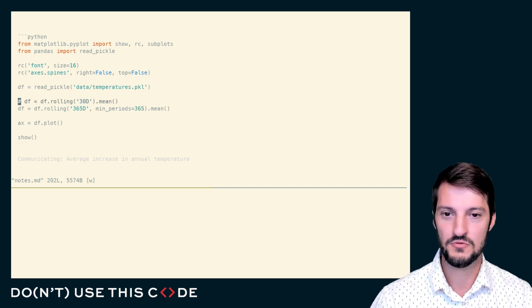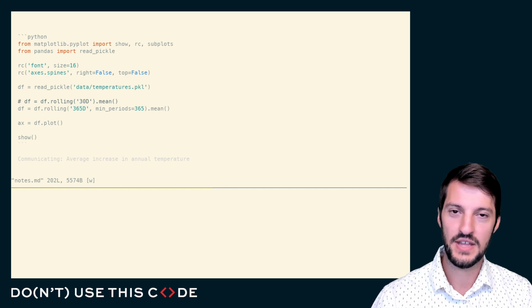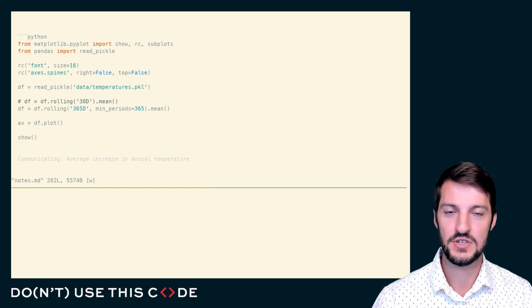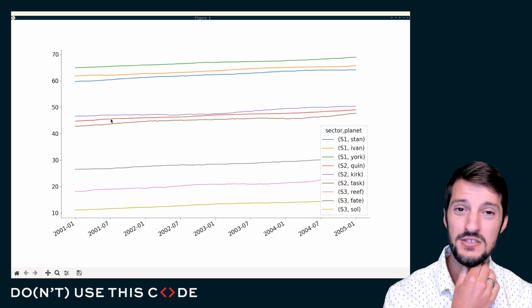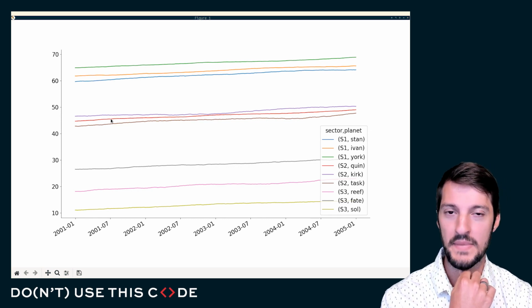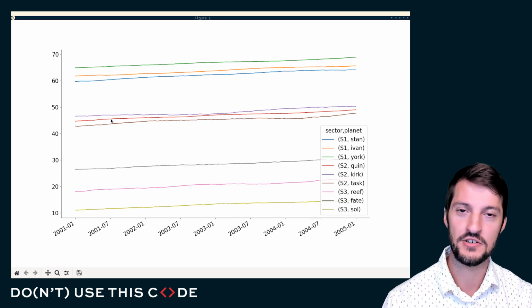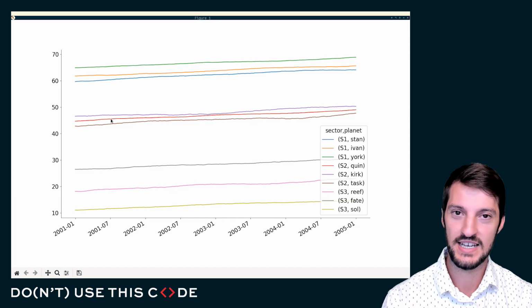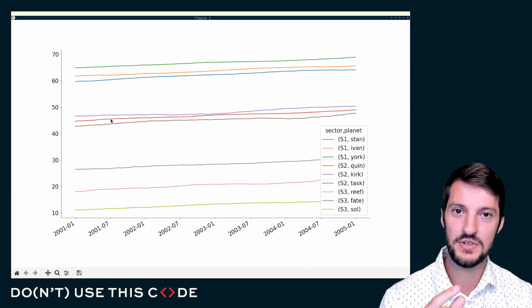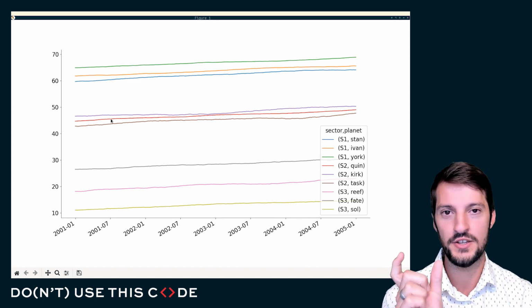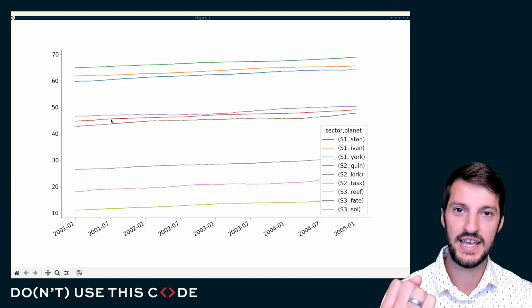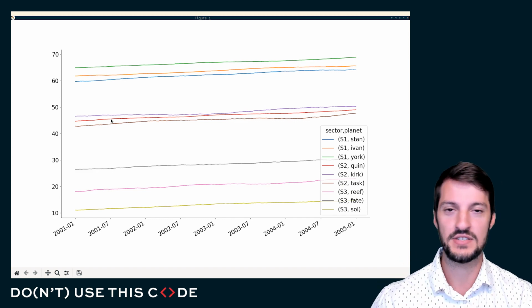Now, if I wanted to really dive into that observation where year over year we saw an increase in temperature, I could take the rolling mean of my entire year, so 365 days at a time. What this will be doing is effectively creating a window one year in width, taking the average temperature, and then plotting each of those averages.